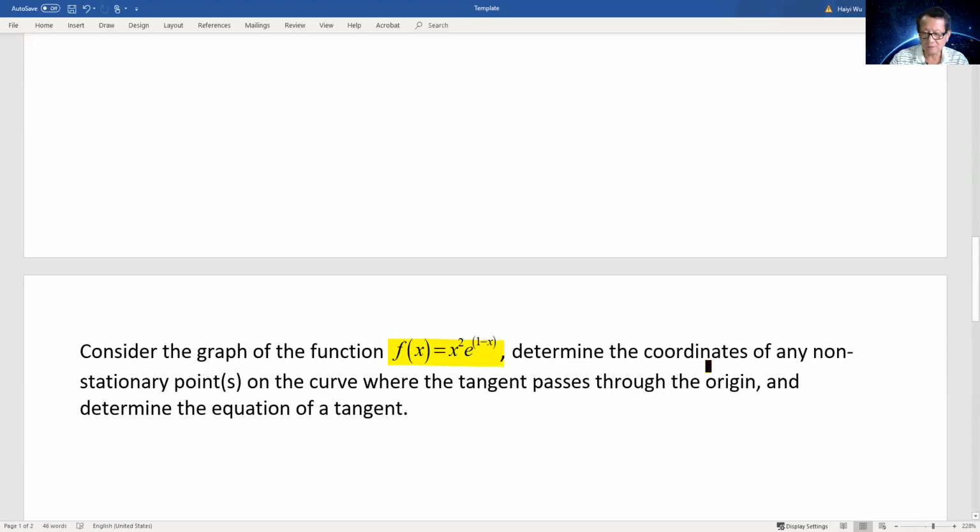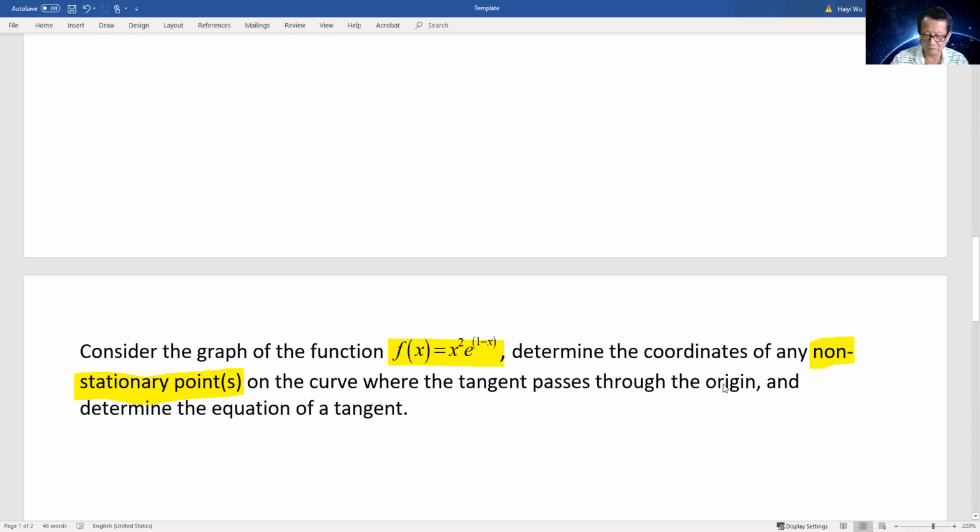We need to determine the coordinates of any non-stationary points. Another condition is that there can be more than one such point on the curve where the tangent passes through the origin.